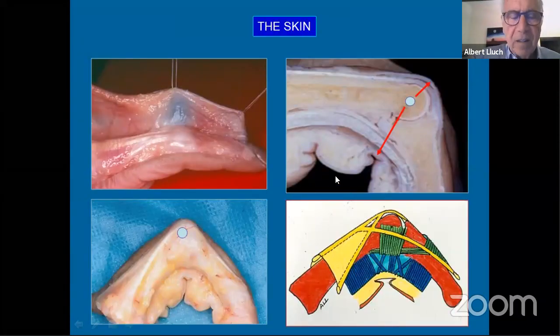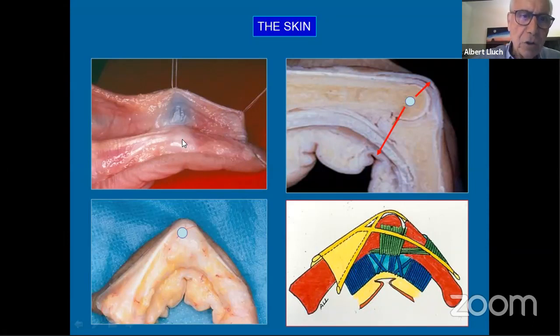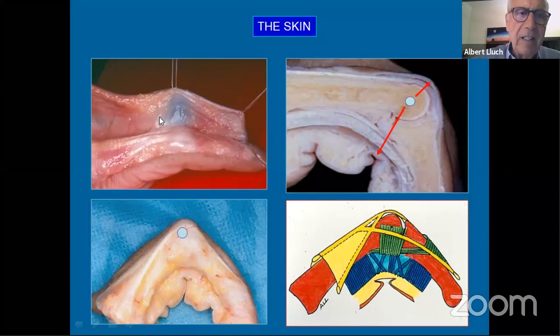What about the skin? This is the last structure that we should look at. The skin in the dorsum, this is the nail, this is the dorsum of the finger, the skin is cut here, and it's lifted towards the other side. And we can see that at the dorsum of the PIP joint, the skin is very thin, it's almost transparent.